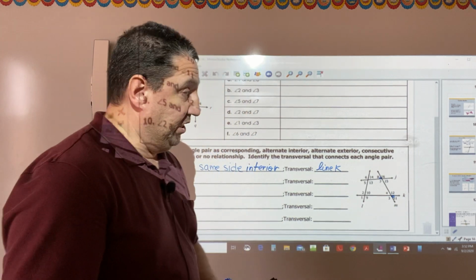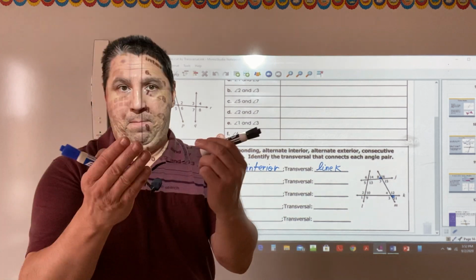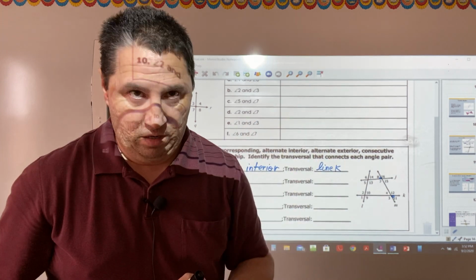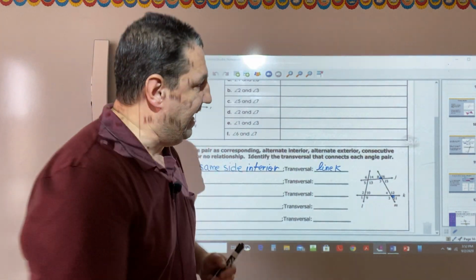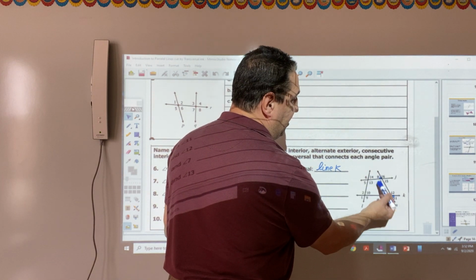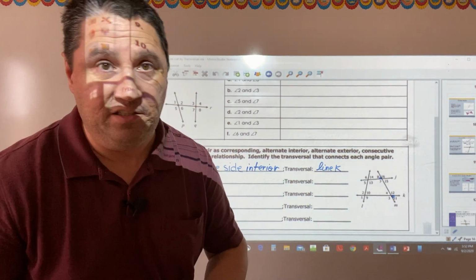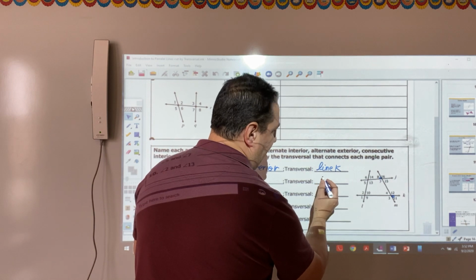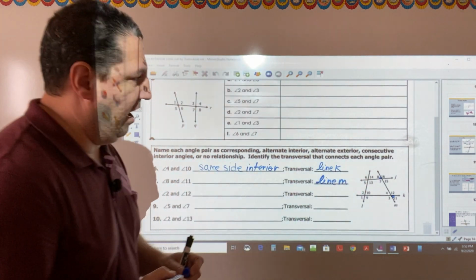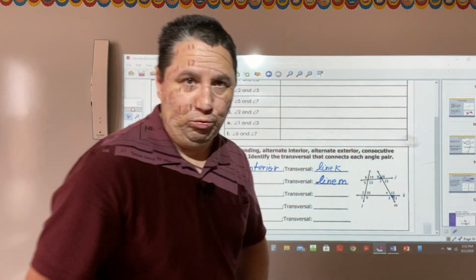So, what line do you think is the transversal? Remember, a line that cuts two or more lines at two different points is called a transversal. In this case, line M cuts lines J and K at two different points. So, line M is the transversal.